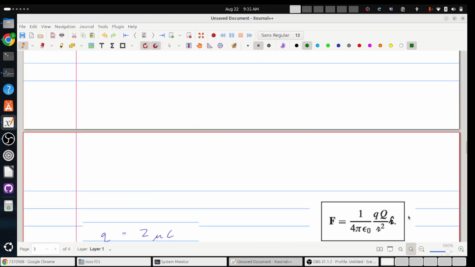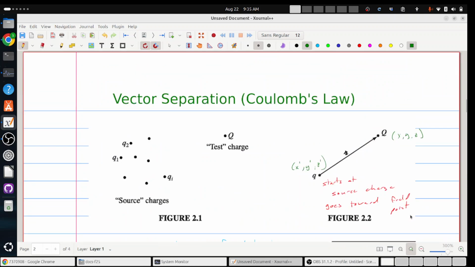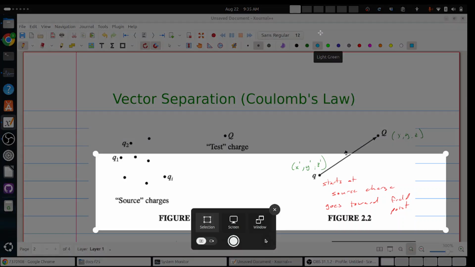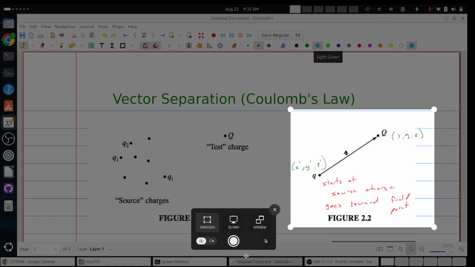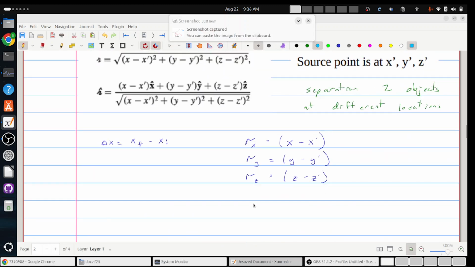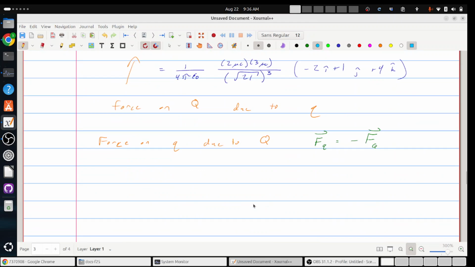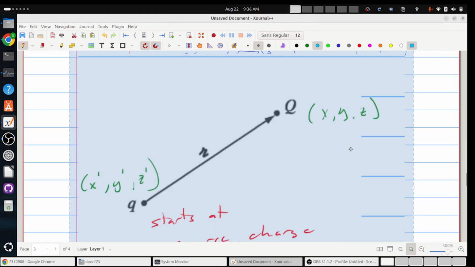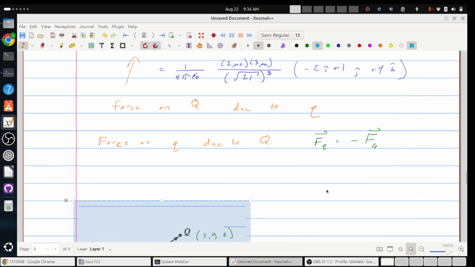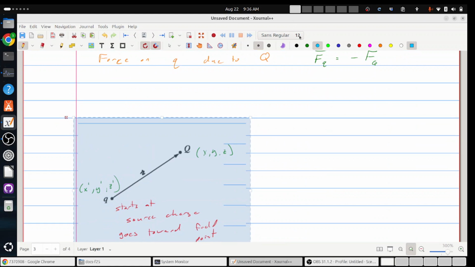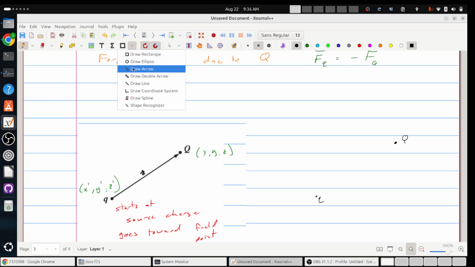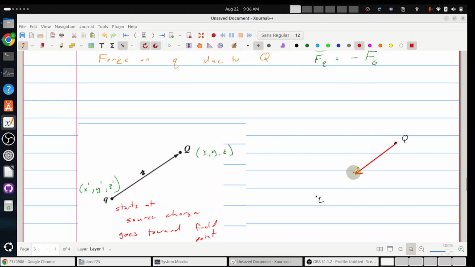Graphically, if I was looking at the force on the other one, it's now as if I've got big Q here and little q here, but now my vector separation is going to go from big Q towards little q.